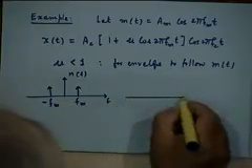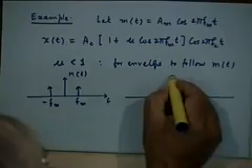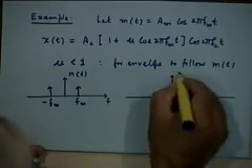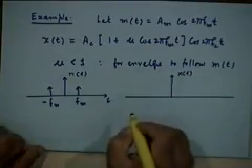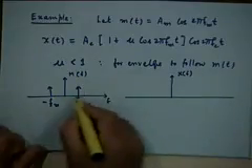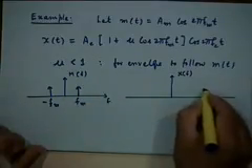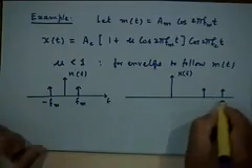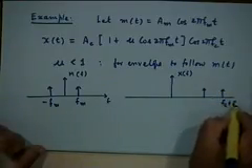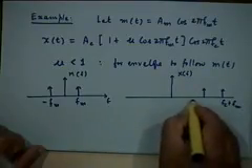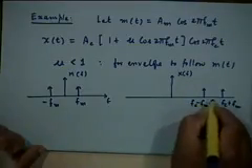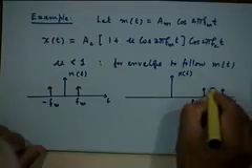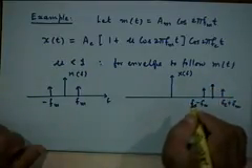After modulation, the spectrum of the modulated signal X of f will have components at f sub c, f sub c plus f sub m, f sub c minus f sub m, and also there will be a carrier component, right?